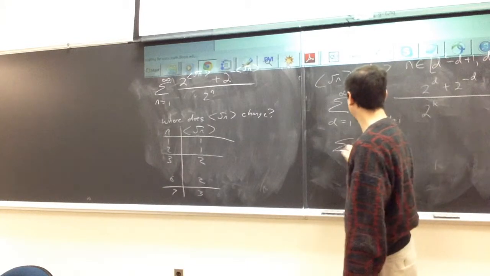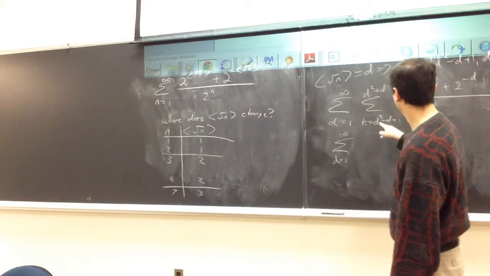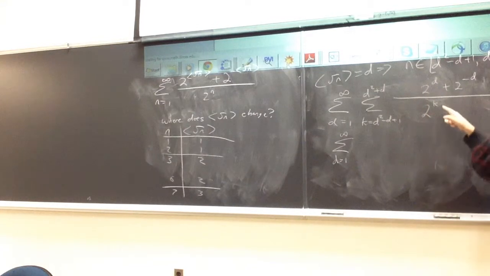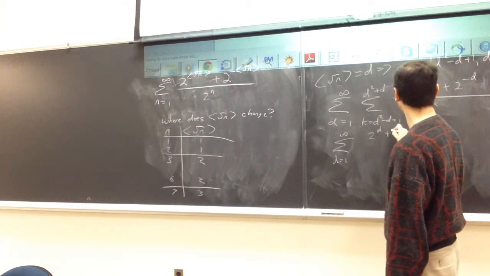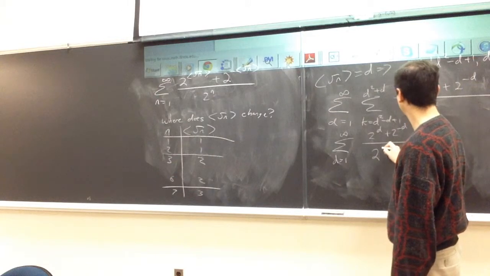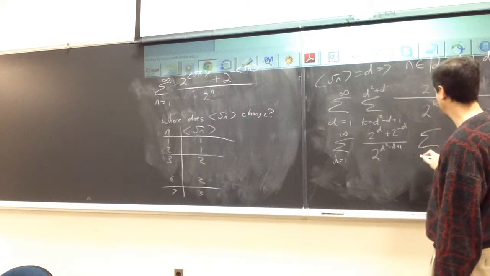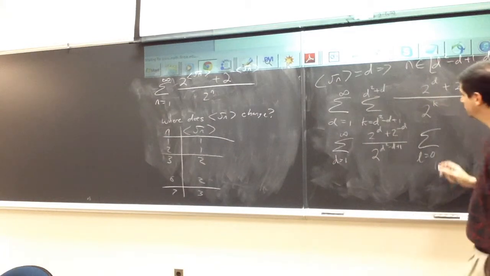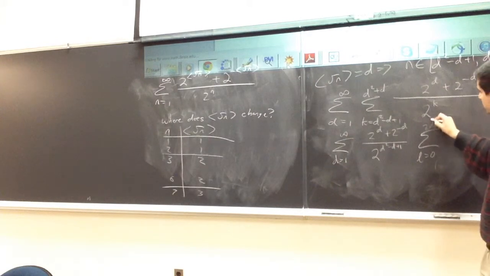All right, so this becomes the sum, d goes from 1 to infinity. If we pull out the final bit at the end, we've got 2 to the d plus 2 to the negative d over 2 to the d squared minus d plus 1. Then a sum, l goes from 0 to, it's either like 2d or 2d plus 1.